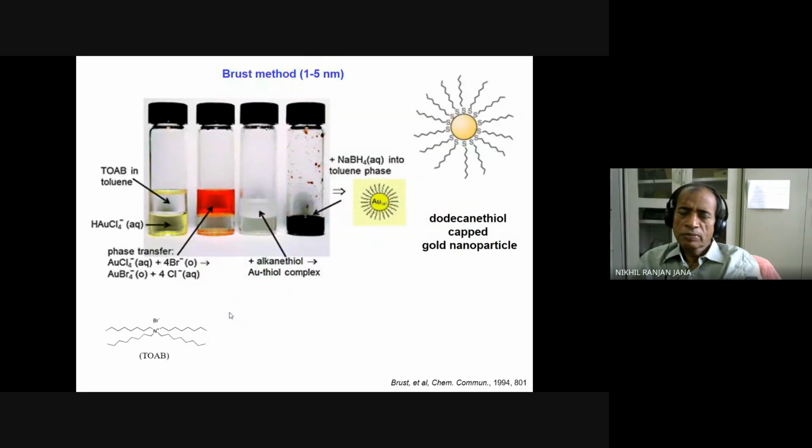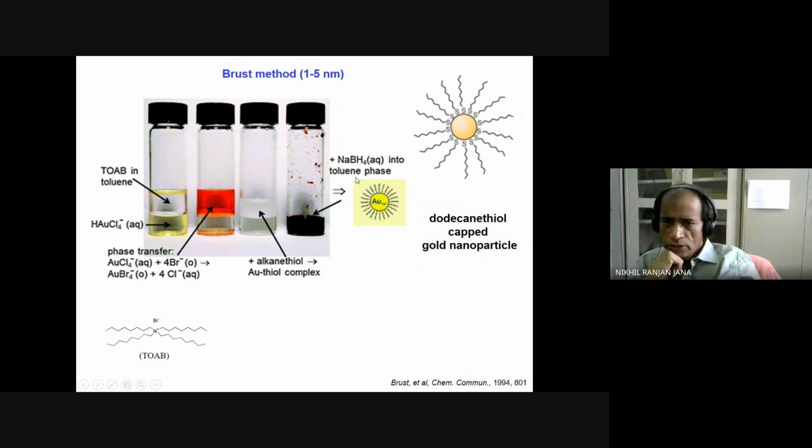This is another famous method, the Brust method. We can make small particles, 1 to 3 nanometer size gold capped with a thiol-based surfactant. These particles you can make on a large scale. This is a 2-phase synthetic method. Forget about the detailed methods, but a strong capping agent is used and a strong reducing agent, sodium borohydride.